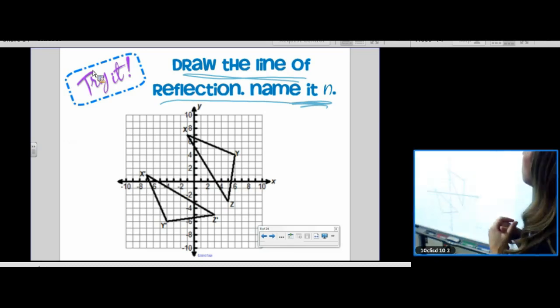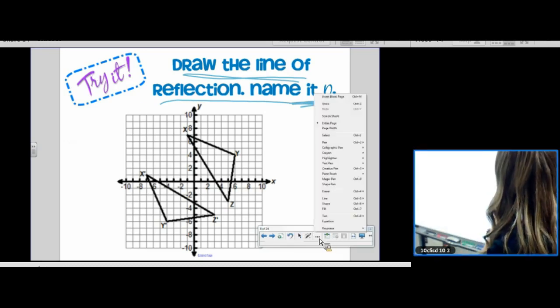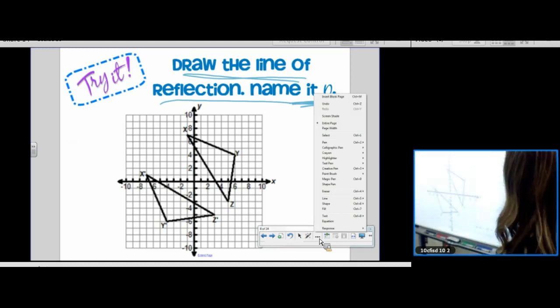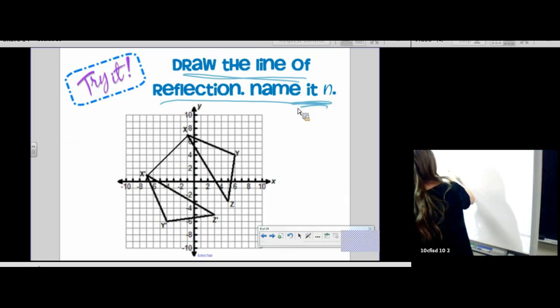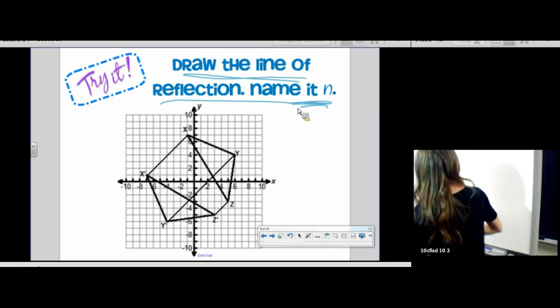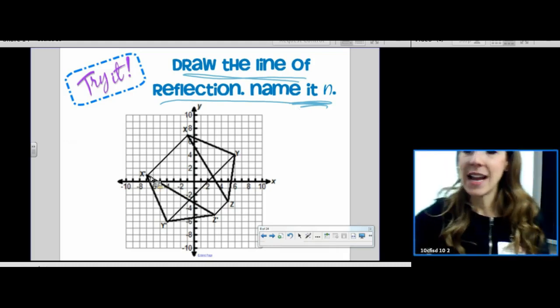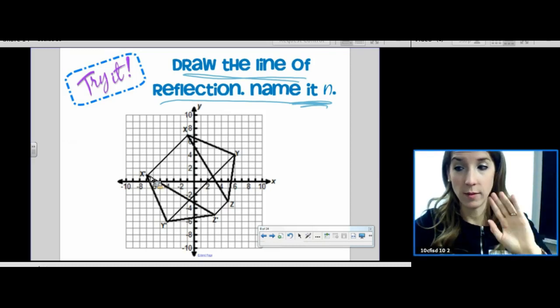So let's talk about how we would start this. We're going to start it like we did all the other ways, and we are going to connect the dots. So let's do it. Let's connect the dots. Okay. Now, instead of using any of your tools, I don't want you to use a single tool. I want to use coordinate plane only.